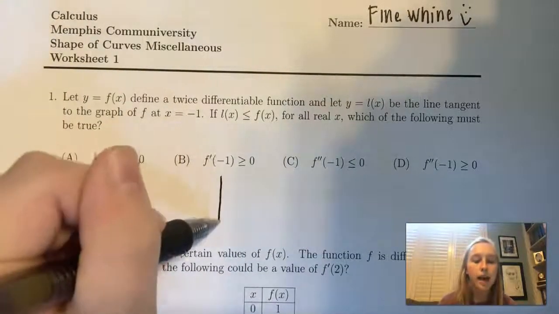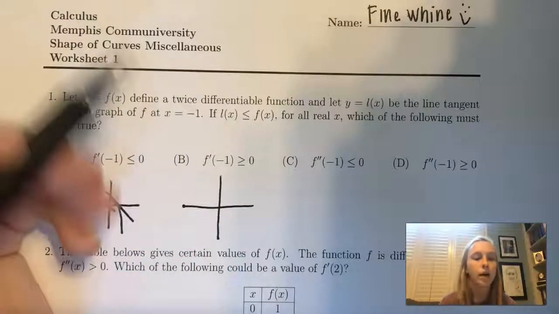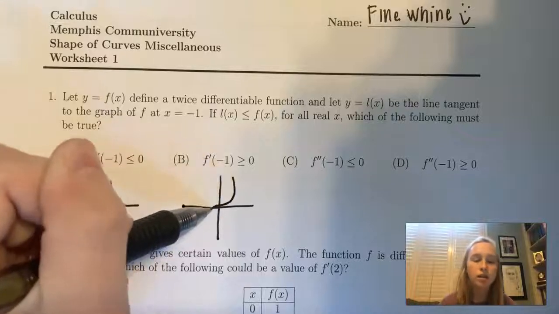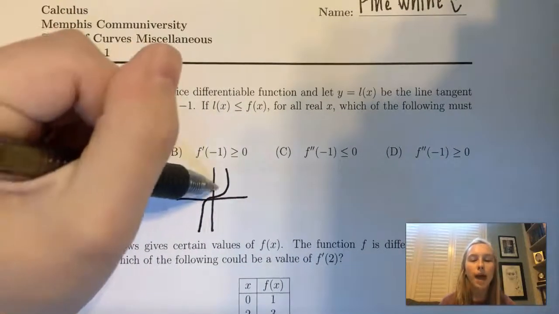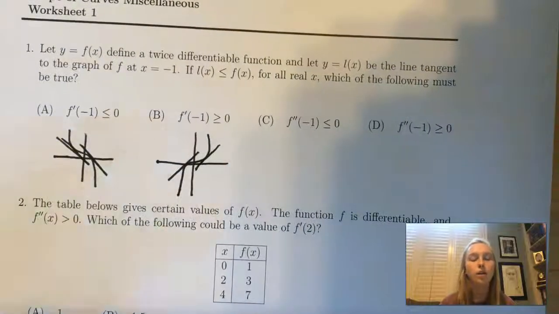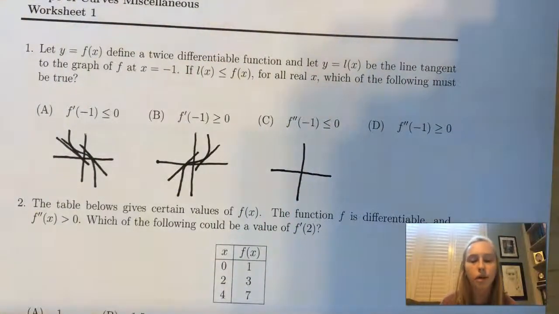So as you can see in A, my finger's in the way. You can draw a tangent line both above and below a cubic function. So A and B probably is not going to be right because you can overestimate, or you can have a tangent line that's above the function. So that's not really what we're looking for.